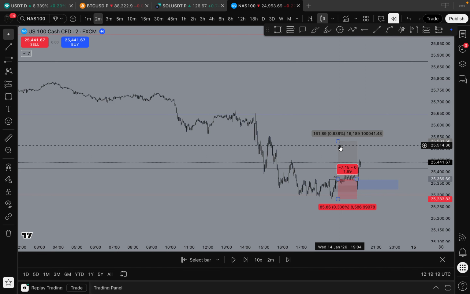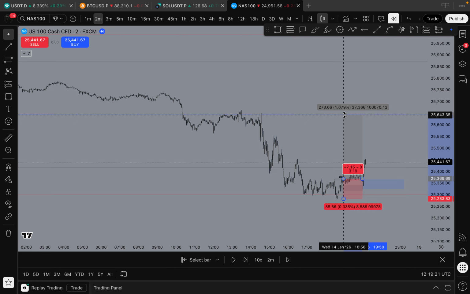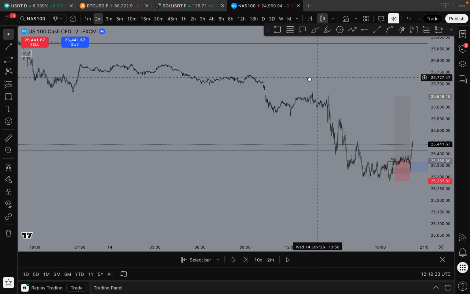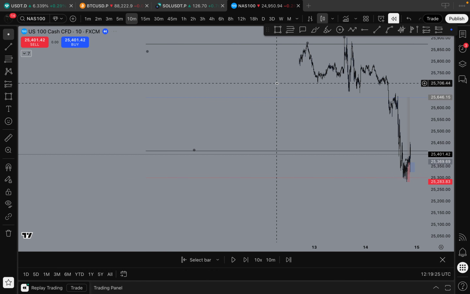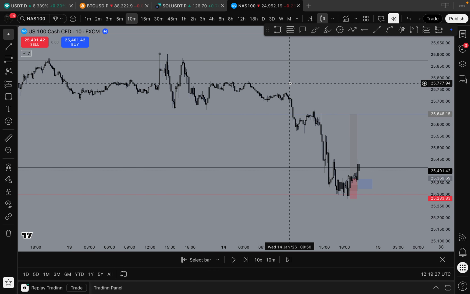I had my main TP at the mid range for a 3R, but as we can see, price moved much higher.